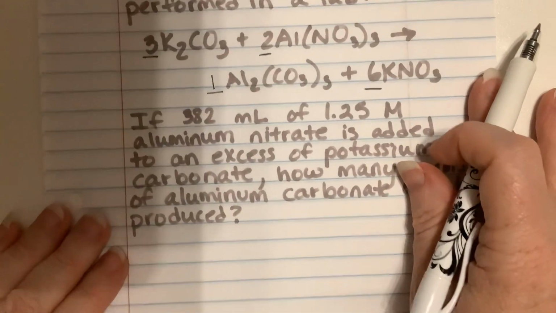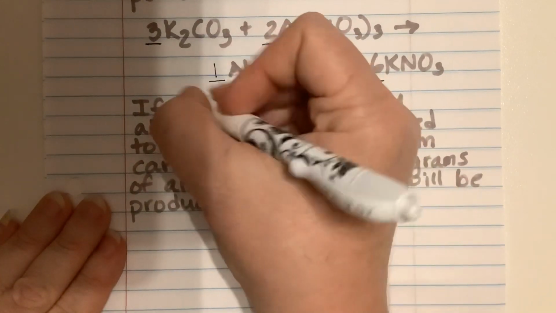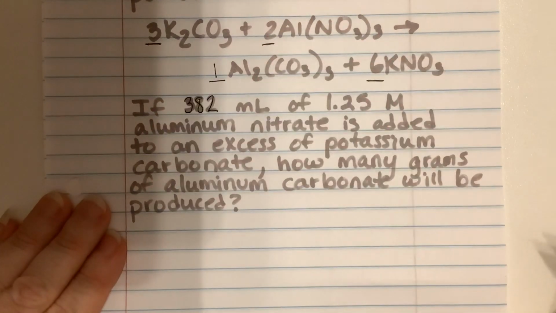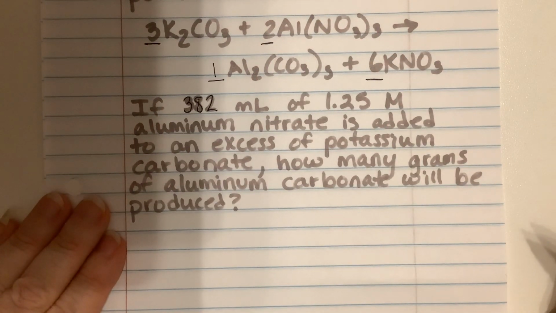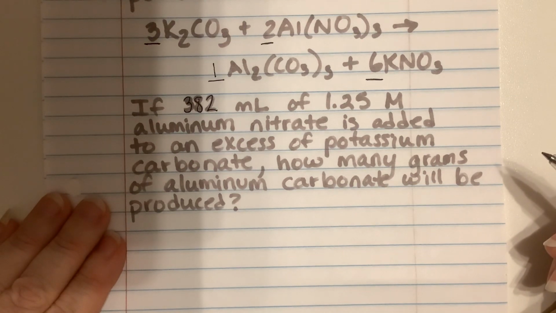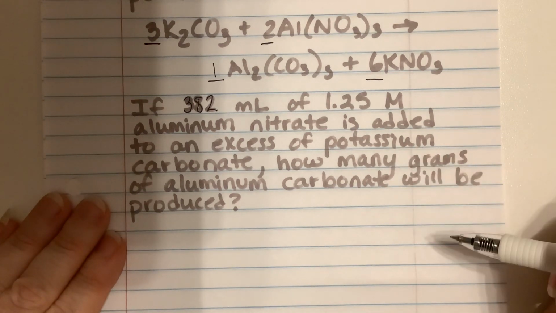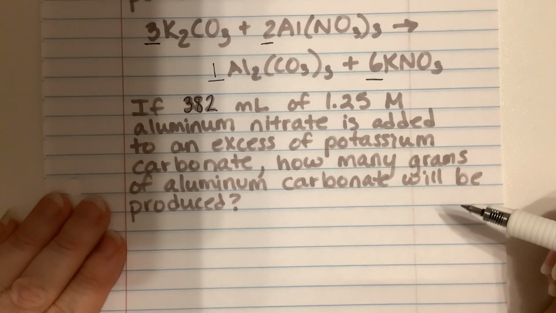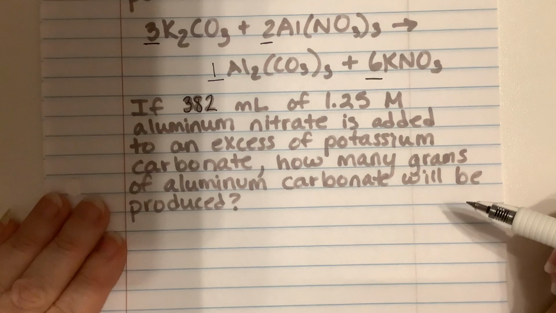All right, it says, if 382, my marker didn't make that very clear, if 382 milliliters of a 1.25 molarity aluminum nitrate is added to an excess, meaning extra, right, of potassium carbonate, how many grams of aluminum carbonate will be produced?